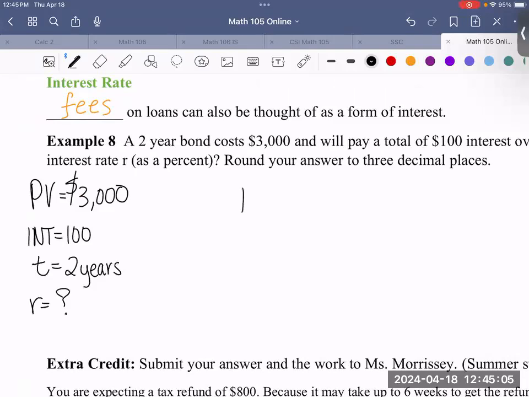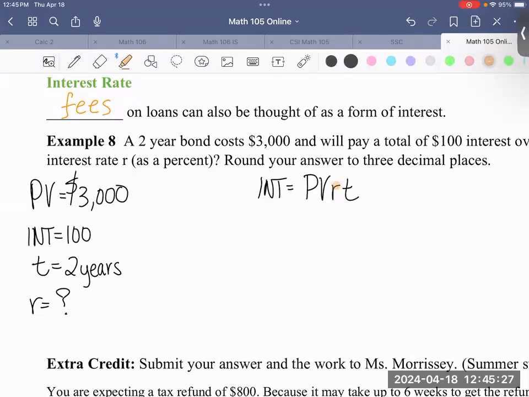So let's figure out. Right now, the only formula that we've seen so far that has your interest, your present value, your time, and your rate is the one with your interest. I = PVRT.